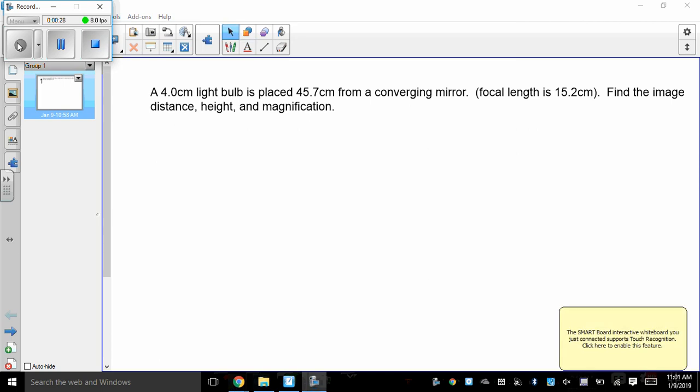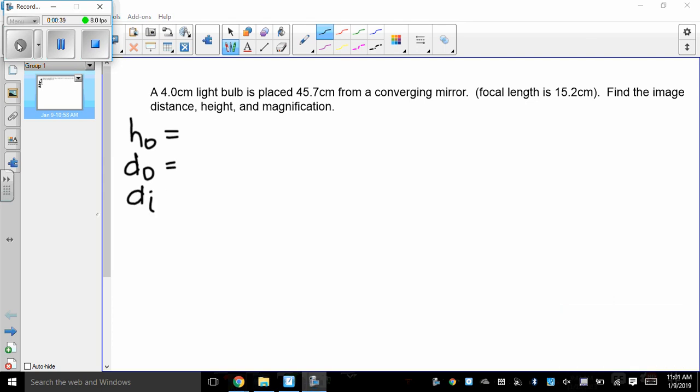Height of the object. Okay, so height of object. Distance of object. And the distance of image. Do we know those? You know the height of the object? 4 centimeters.